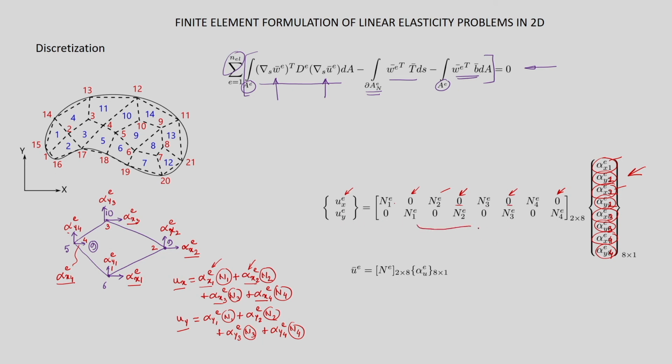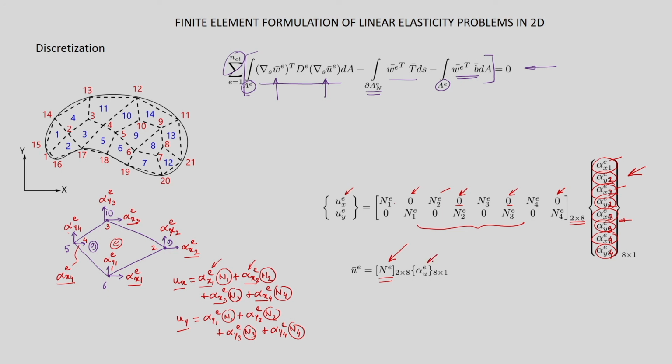Now, this matrix, which is of size 2 by 8, we call it a shape function matrix. So, that is defined as NE. And this vector, which is basically comprising of these 8 unknowns for this particular element E, or in this case E is 9, so for this particular element we have 8 unknowns, 8 alphas.